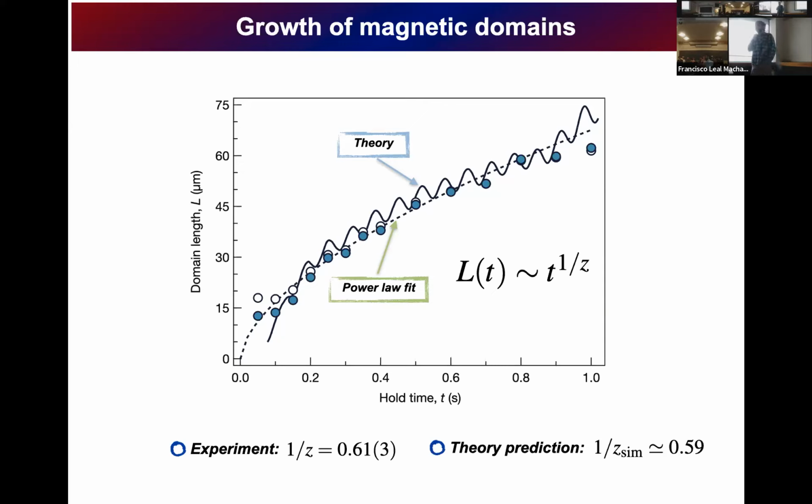Quench rapidly. You mean to quench with a finite ramp? To quench with a finite ramp, or rapidly? This is the quench that we do here. This I'm not sure, I have to do the calculation. I cannot say.